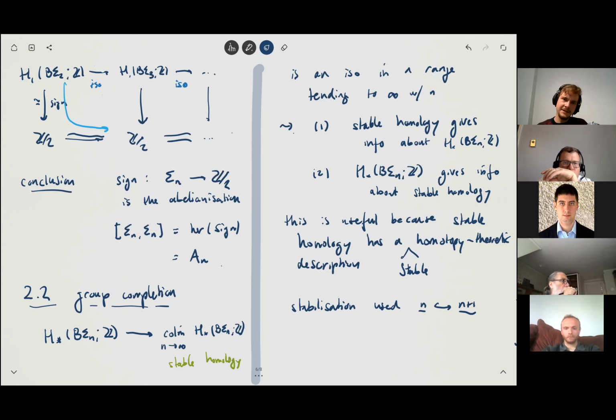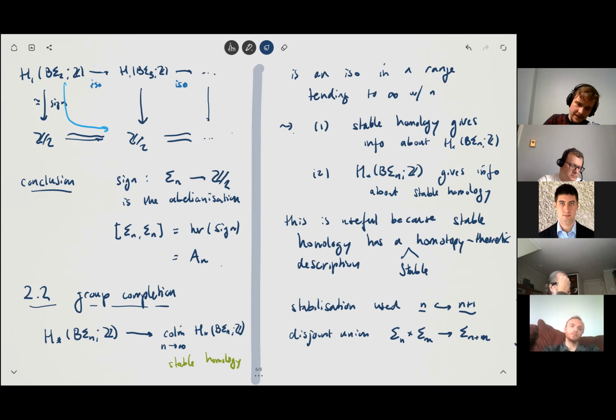But of course, you can also take disjoint union with 2, 3, etc. elements. So more generally, disjoint union gives homomorphisms from a product of symmetric groups to a symmetric group on the sum of the two indices.